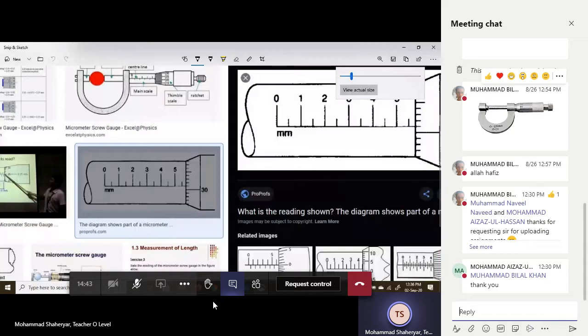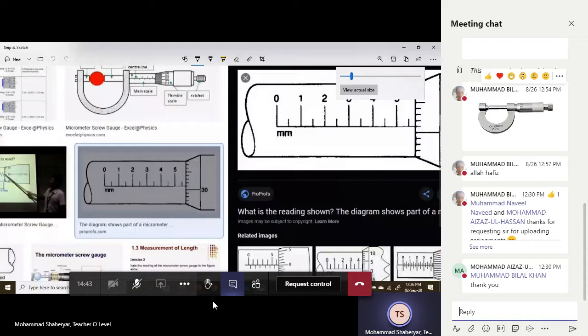Because you see, एक पीस ऑफ पेपर को आप ओवर टाइट कर सकते हो और वो पीस ऑफ पेपर squish हो जाएगा थोड़ा सा, and it will give you a wrong reading. तो this ratchet provides you enough force to close the spindle, but not in an over tightening force.